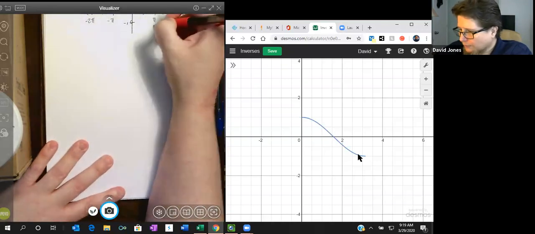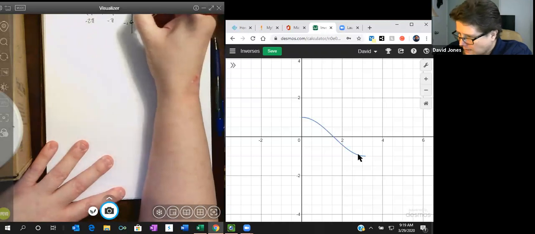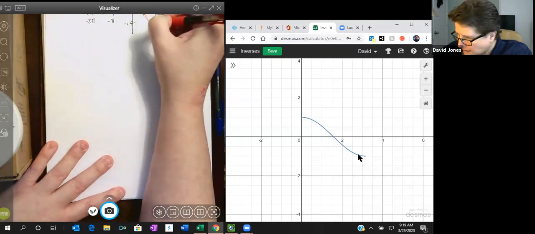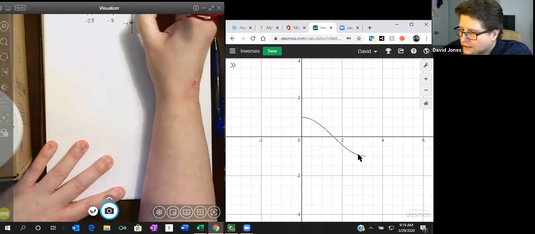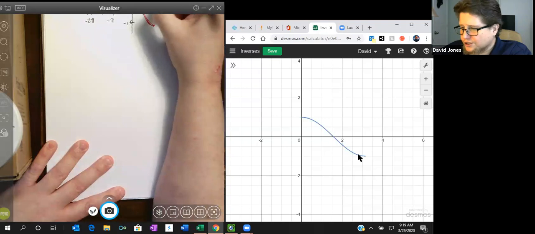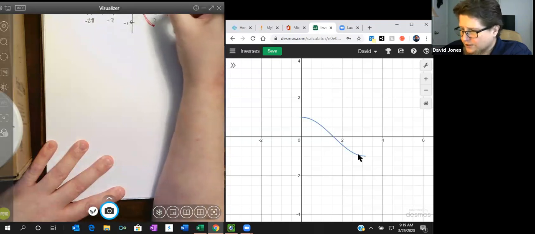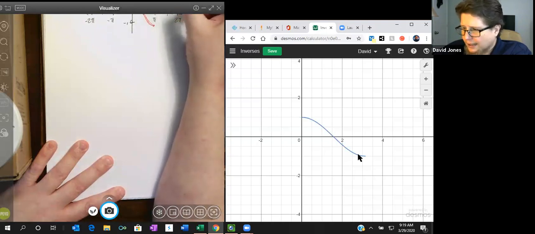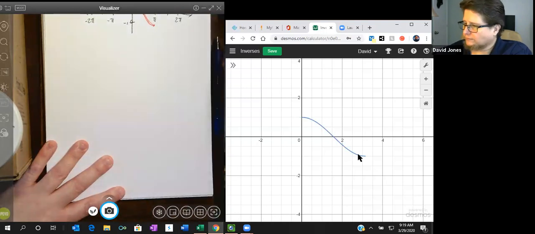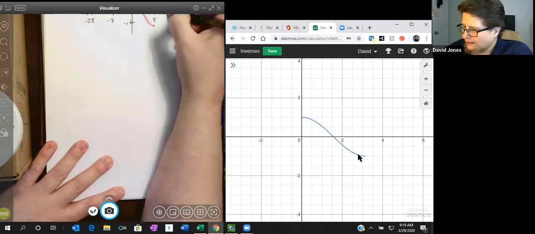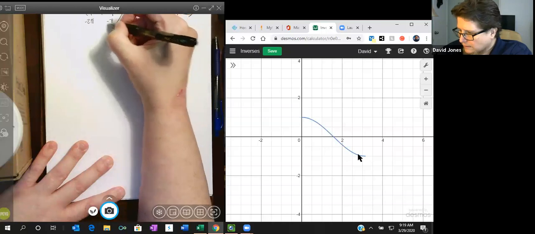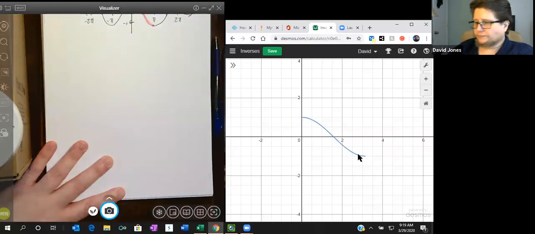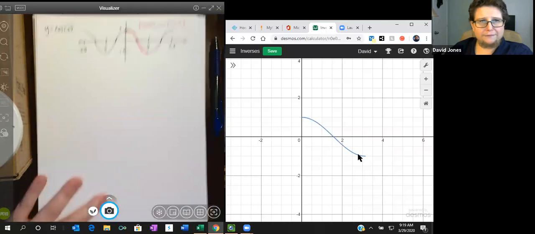So I'll do that part right here in red. So that's my domain restriction. Domain of cosine will be 0 to pi. And if we continue the graph on, it keeps going cyclically. Oh, I'm off the screen.